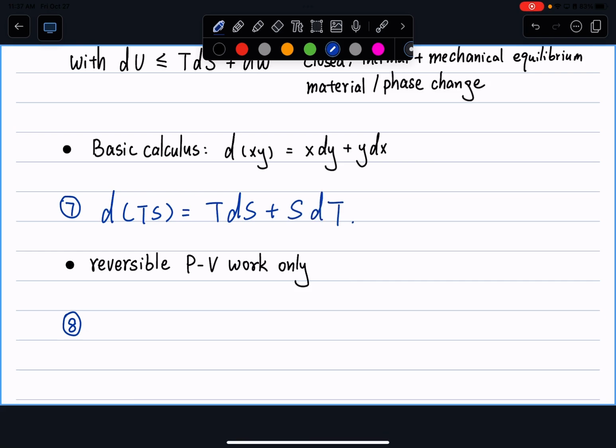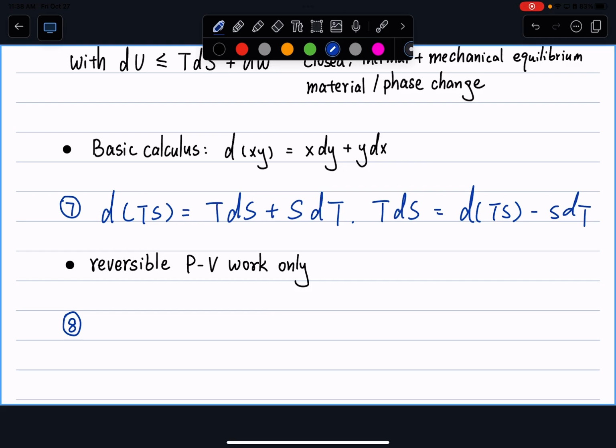In here, we have this TdS term, so we can rewrite that TdS equals d(TS) minus SdT. So that's just using calculus.